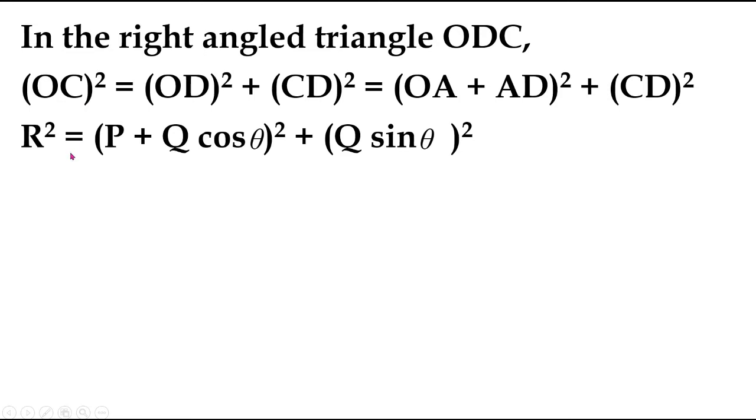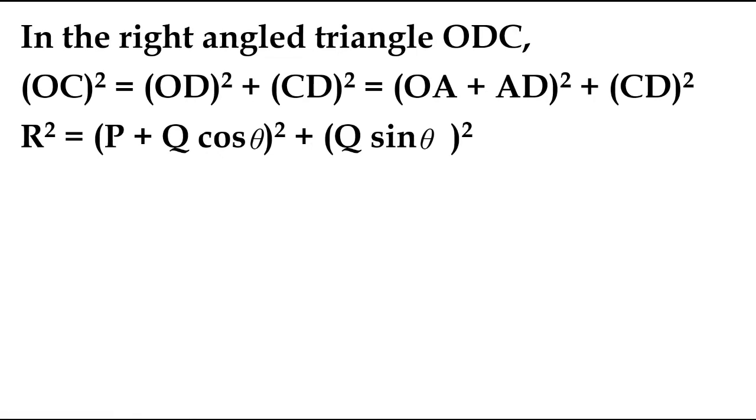OC means R. R square is equal to, OA means P, AD is equal to Q cos theta, so (P plus Q cos theta) whole square, CD is equal to Q sin theta, whole square. So therefore R square is equal to (P plus Q cos theta) whole square plus (Q sin theta) whole square.